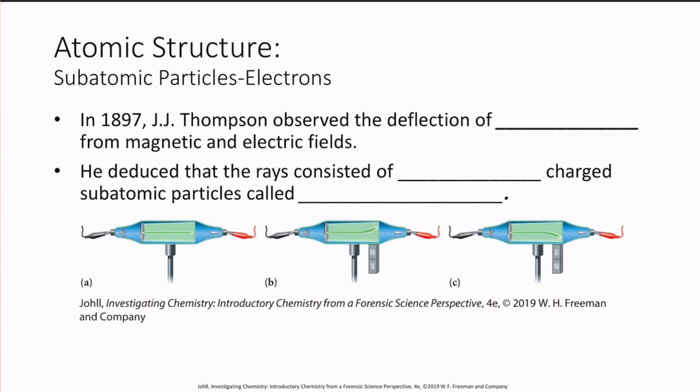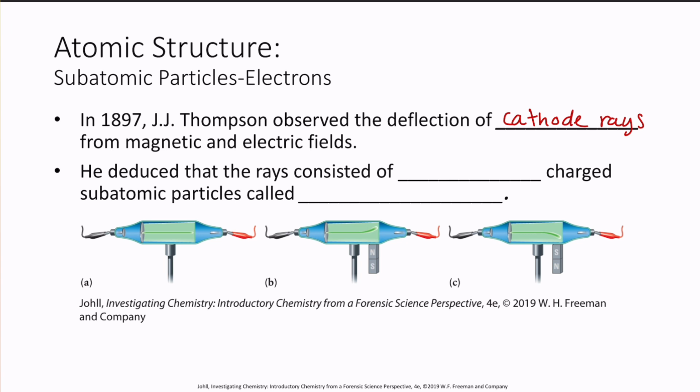Now, in 1897, J.J. Thomson observed the deflection of cathode rays, and this was from magnetic and electric fields.